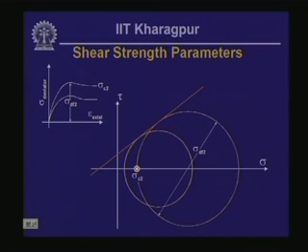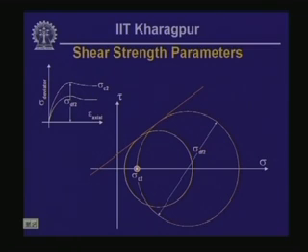So here, as we did for the first test, the minor principal stress is sigma C2, slightly larger than the previous value. Then we add to that sigma df2, and that gives us the major principal stress, and we plot the corresponding Mohr circle, which is larger than the previous Mohr circle.